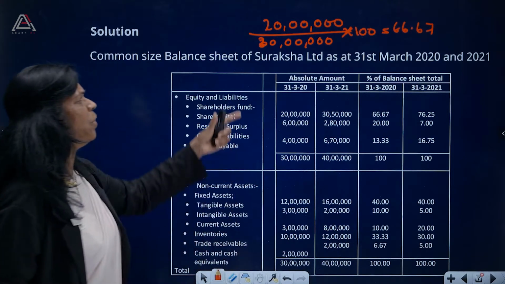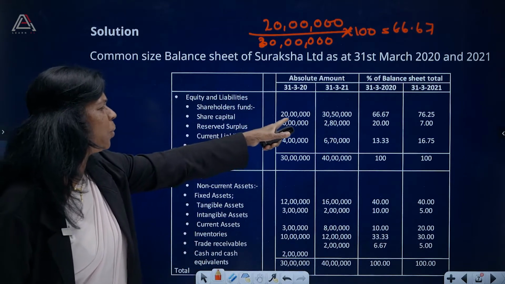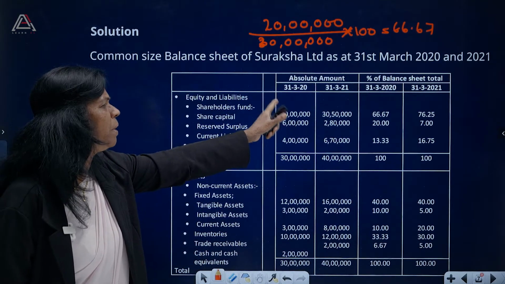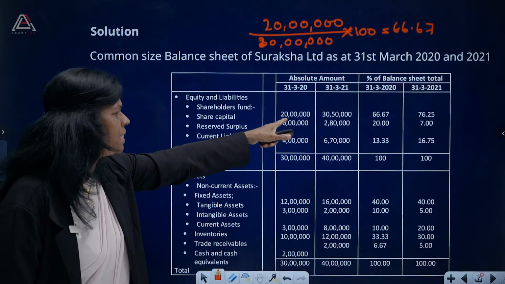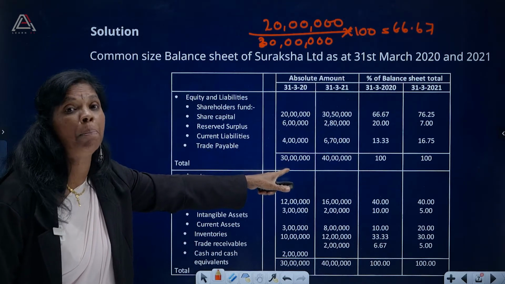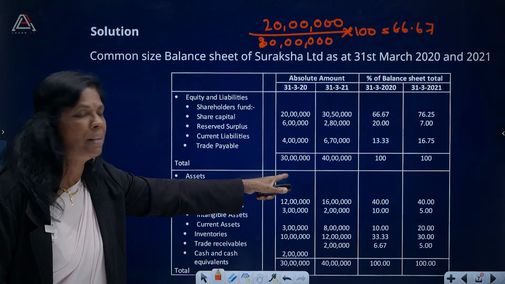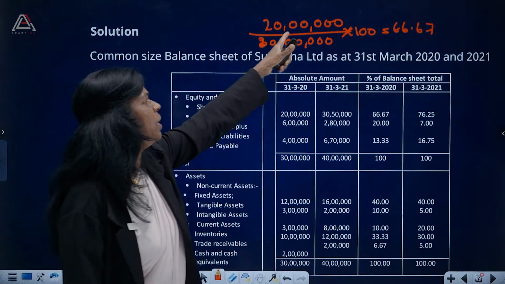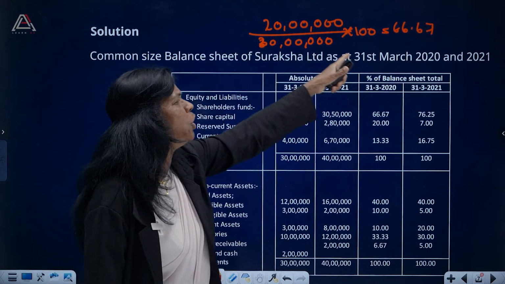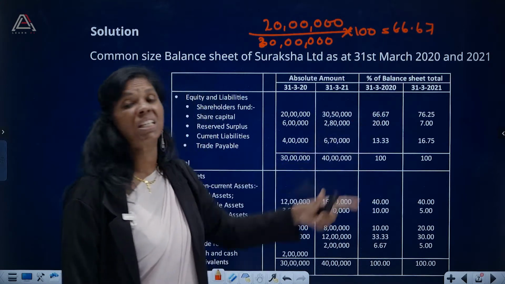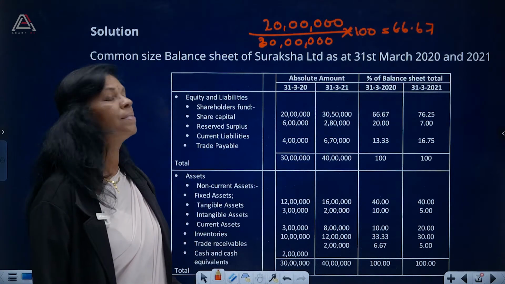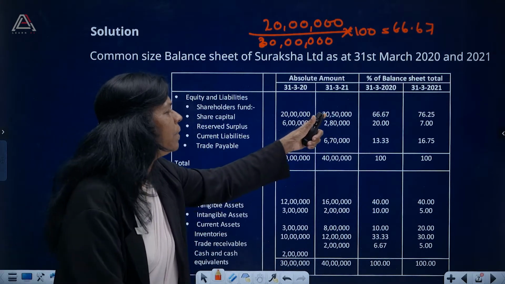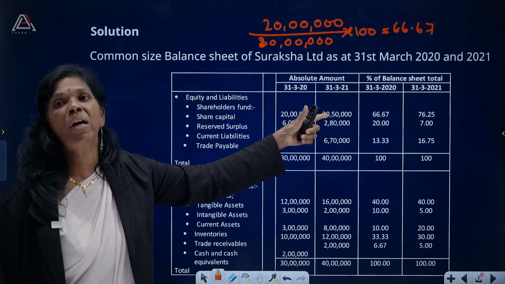See how we got that value, that is 20 lakh. This is share capital amount in 2020. This amount we have to divide it by liability side total, that is 30 lakh. 20 lakh divided by 30 lakh into 100, we got 66.67.